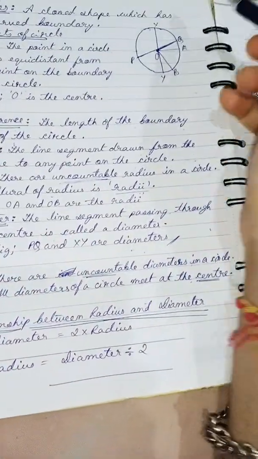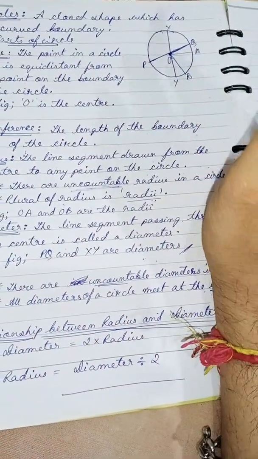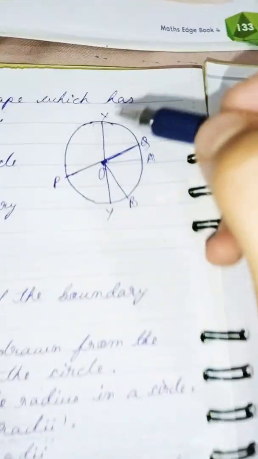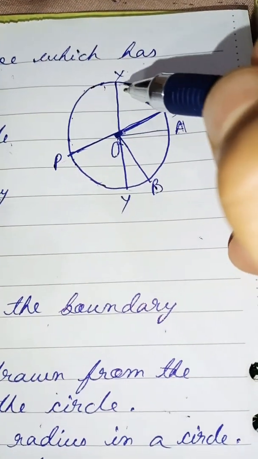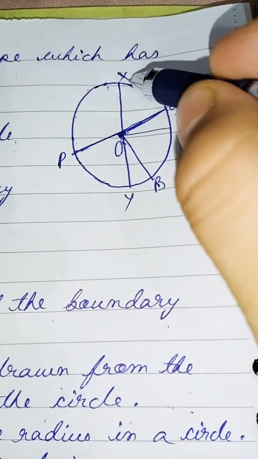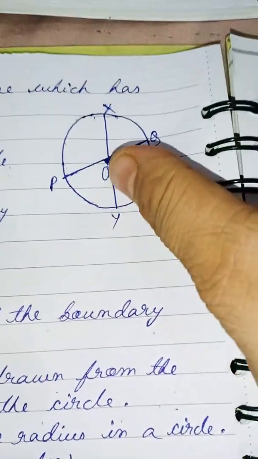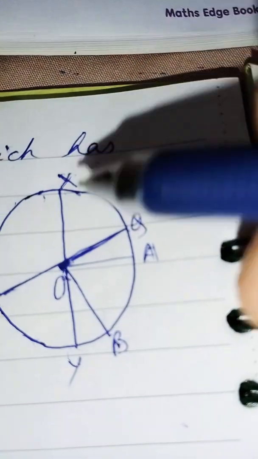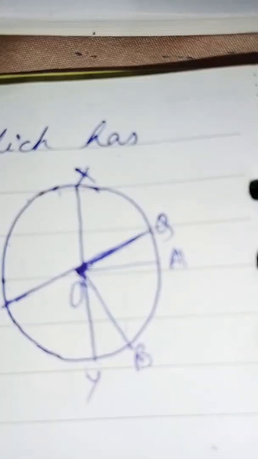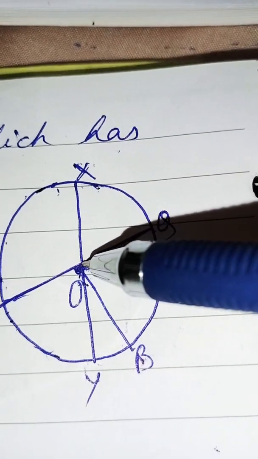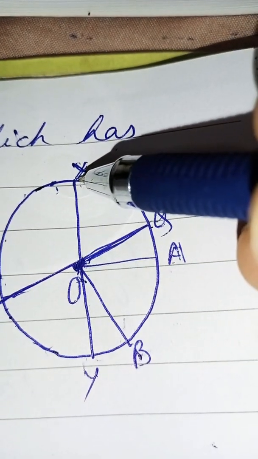Now we come to the relation between radius and diameter. Remember this: if you see properly, suppose the diameter XY, from O to X, isn't it a radius? Of course it is, because O to X is a line segment drawn from the center to a point on the circle.